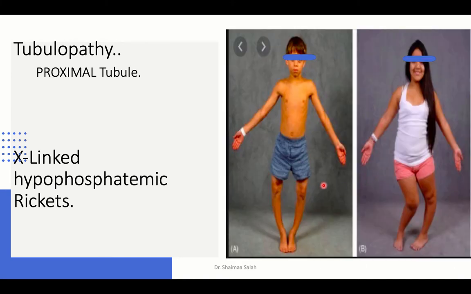So these patients can be a boy, can be a girl. They have short stature. They have deformities in bone due to weight bearing on the weak bones, may even have pathological fractures, and they have rickets. There is defective healing of the epiphyseal line as the disease presents since infancy and during the growth of the epiphyseal plate before its fusion, okay, and all other manifestations that will be discussed in the chapter of endocrinology can present.